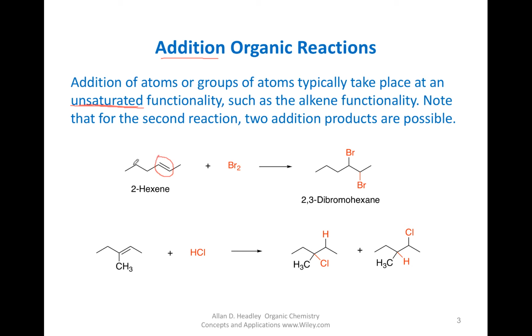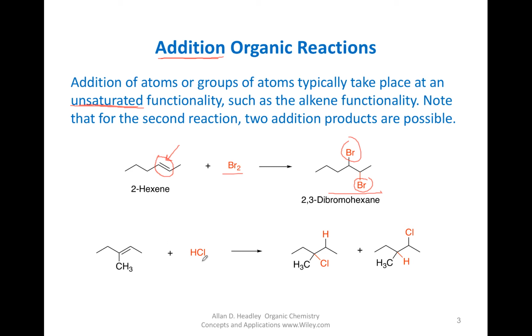It's not back here, it's not over here, it is at the functional group. If we're talking about an addition reaction, we're adding Br2, for example, to the functional group, and here is the product. Bromine adds to one carbon, and the other bromine adds to the other carbon of the functional group.